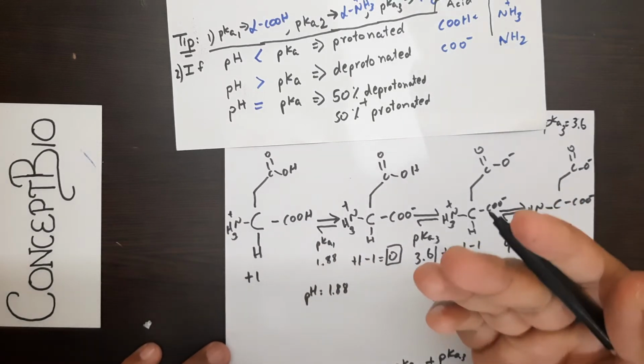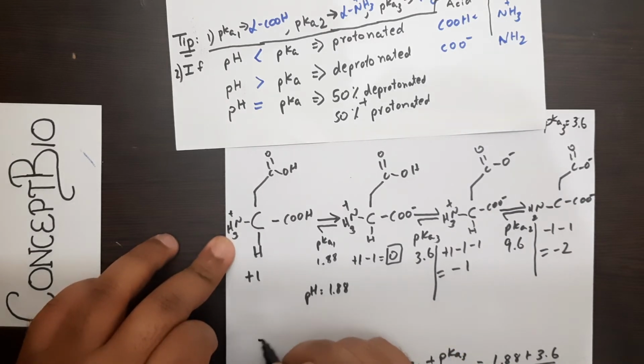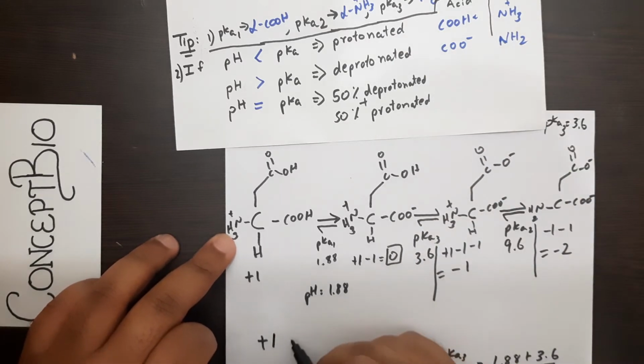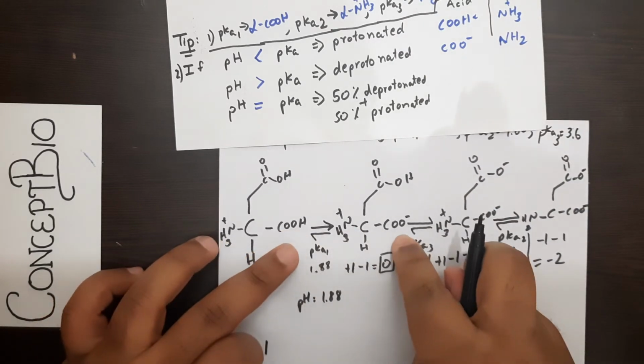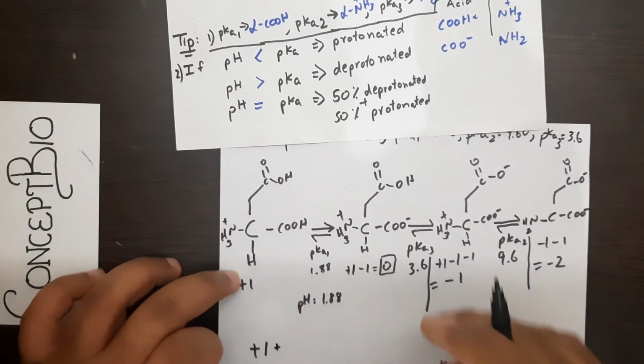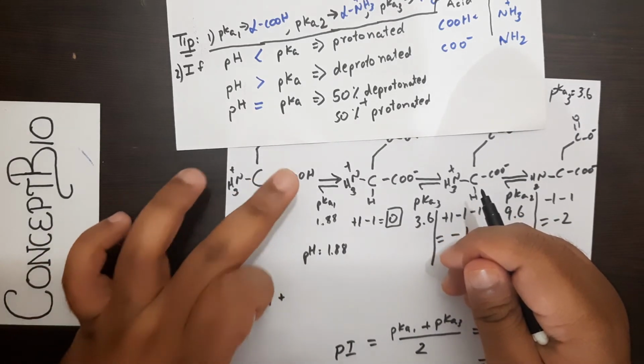So how do we get the net charge? First we'll take the plus 1 from the amino group. In either case, it's always going to be plus 1. And then looking at our carboxyl end over here, 50% will be in its protonated stage, which has a charge of 0.